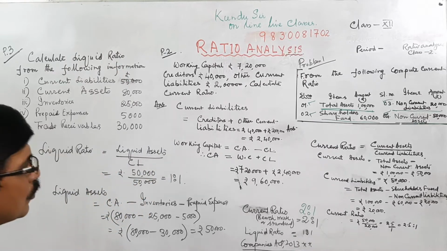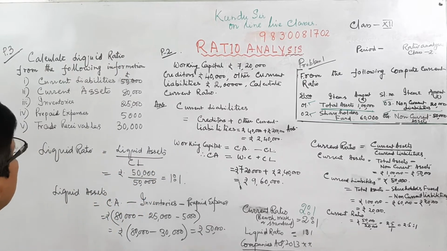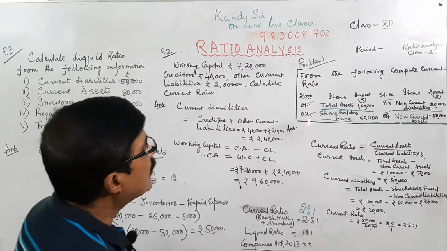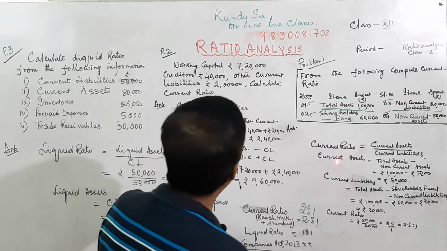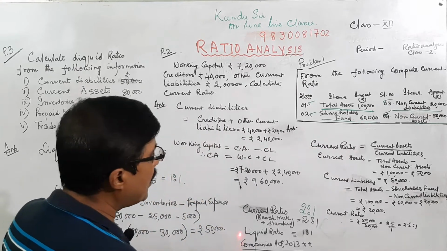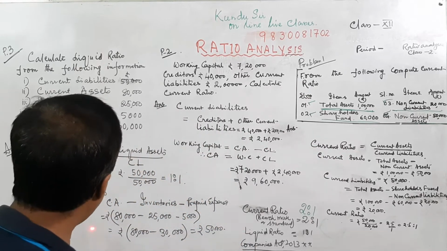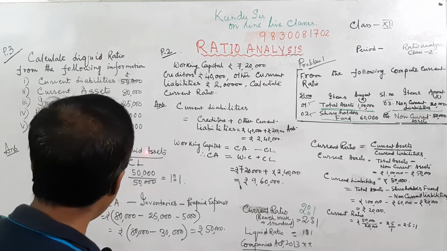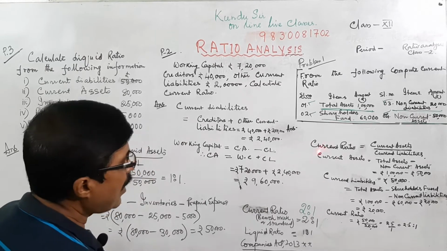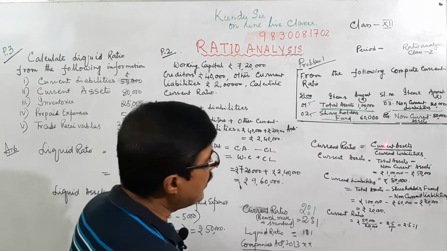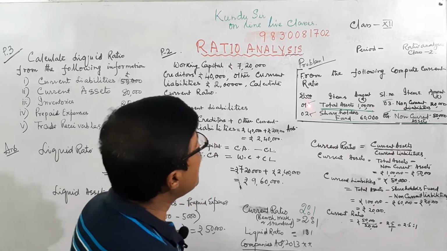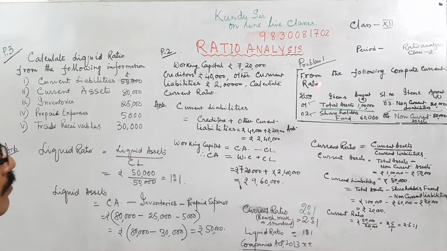So now we are going to do problems on liquidity ratio. Under liquidity ratio there are two ratios: current ratio, which equals current assets upon current liabilities, and liquid ratio, which equals liquid assets upon current liabilities. A very small problem is given here.